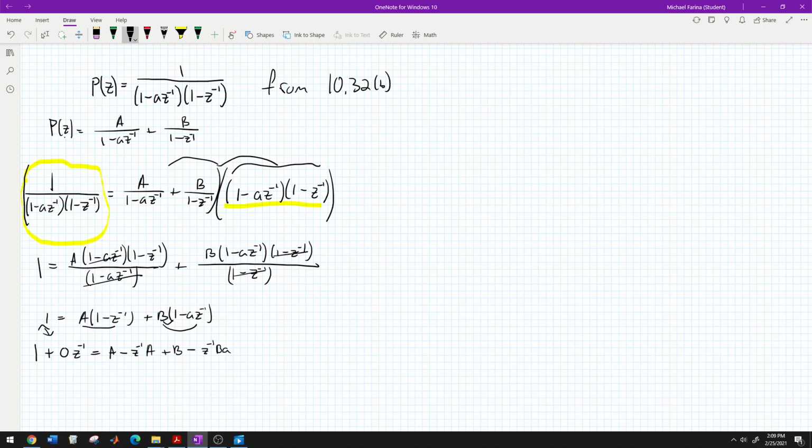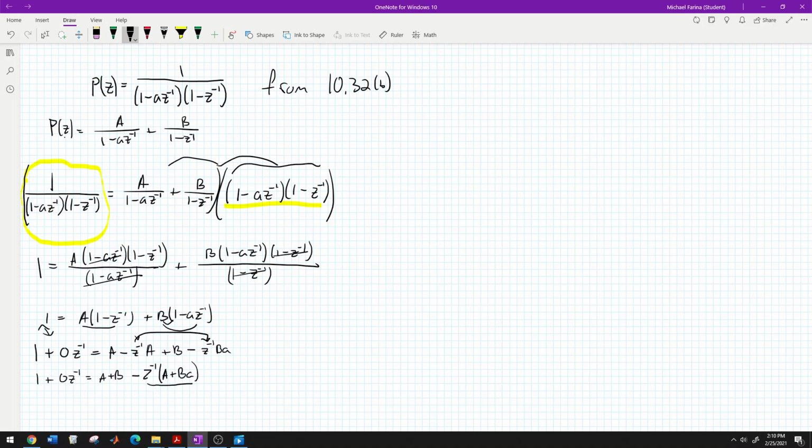And I'm going to group like terms now. So I get A plus B, and I'm going to factor out my Z inverse from each one of these, so I'm left with negative A plus B times little a. So now I have two equations, two unknowns, so I can solve.